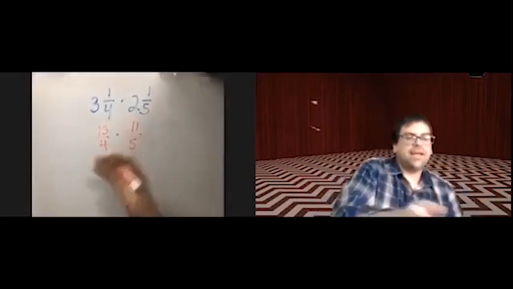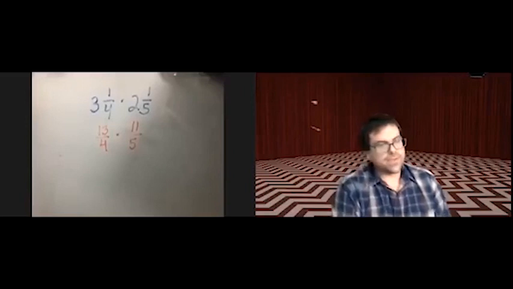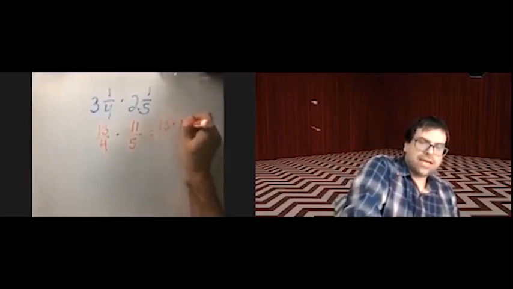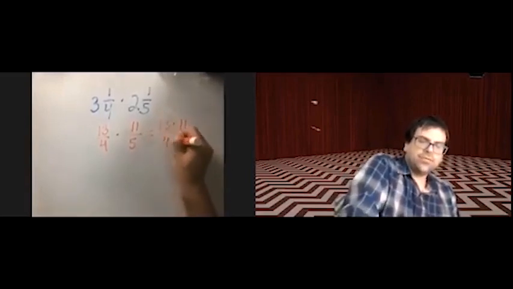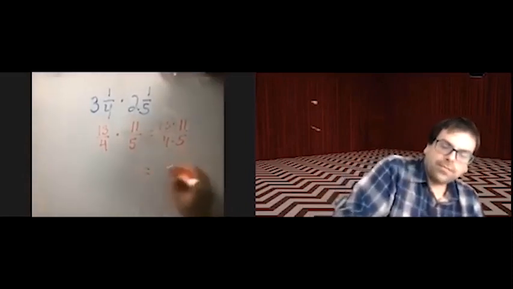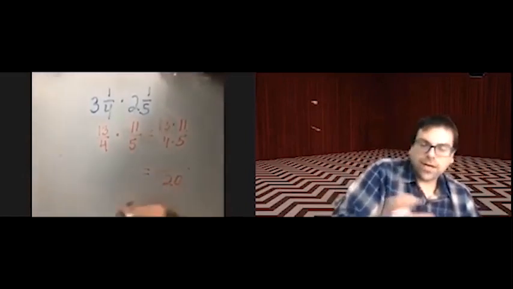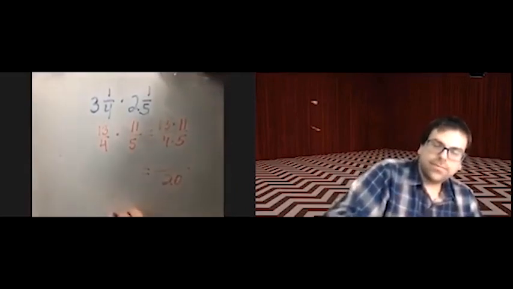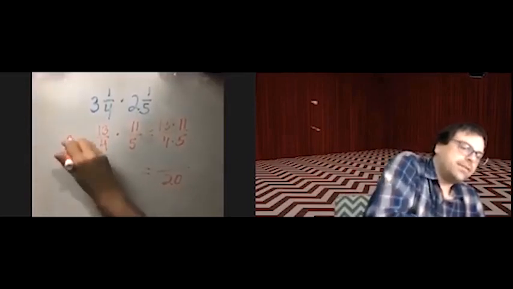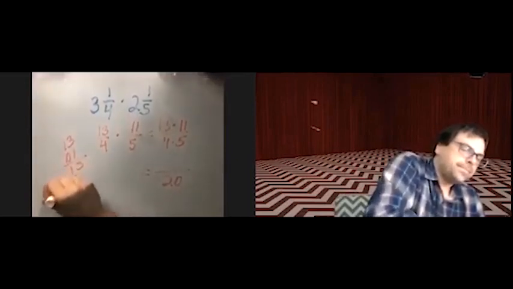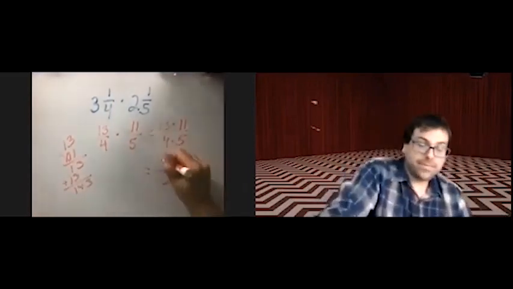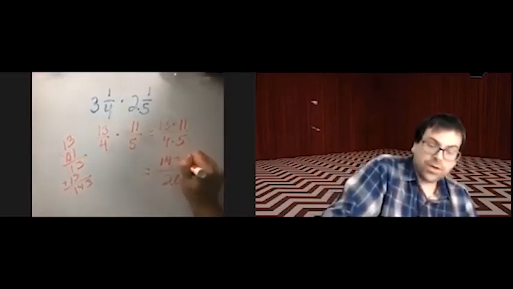We're multiplying and nothing cancels. So we have to do 13 times 11 over 4 times 5, no simpler way. The bottom, 4 times 5 is 20, we notice. On the top, 13 times 11 is 143. 143 over 20.